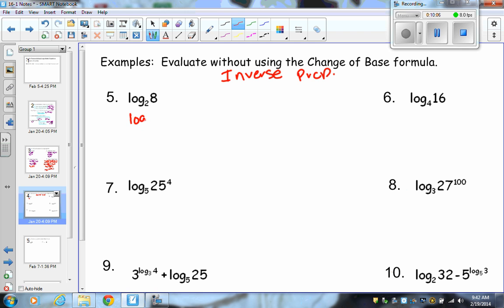Because I can rewrite that as log base 2 of 2 to the third, because 2 to the third is 8. Now I can use my inverse property that says the log base b of b to the x is just equal to x. So since this base and this base are the same number, this is just going to equal 3.